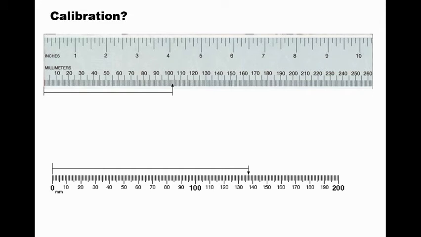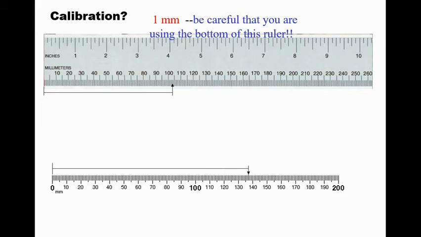Now everybody look at this next ruler. We have to be super careful because this ruler has inches on one side and millimeters on the other side. You want to make sure that you're using either millimeters or centimeters or meters, something with the metric system. You do not want to use the inches in science class because otherwise you'll have to convert before we do any calculations.